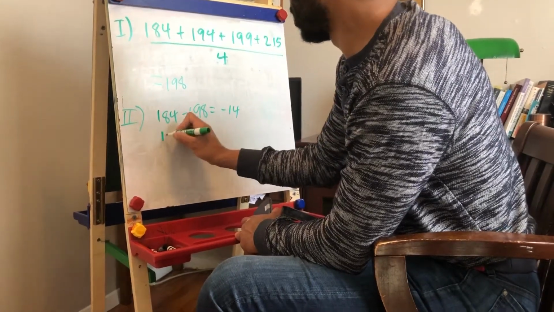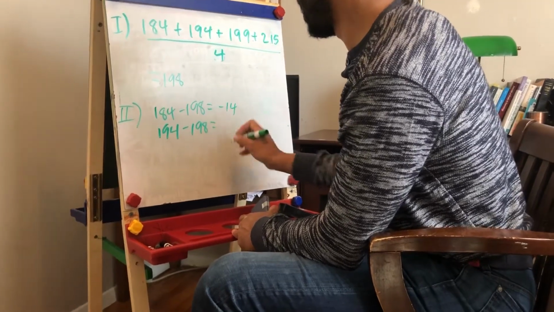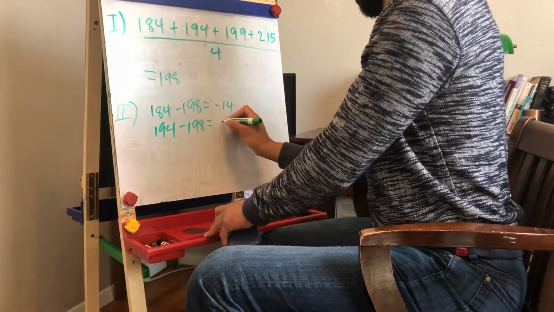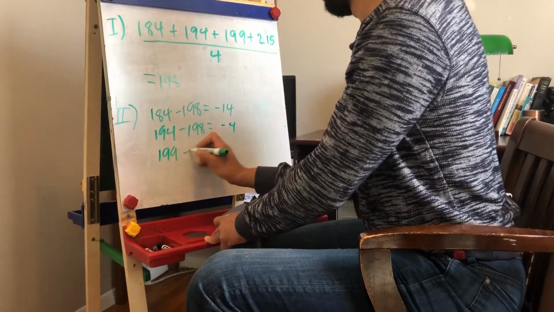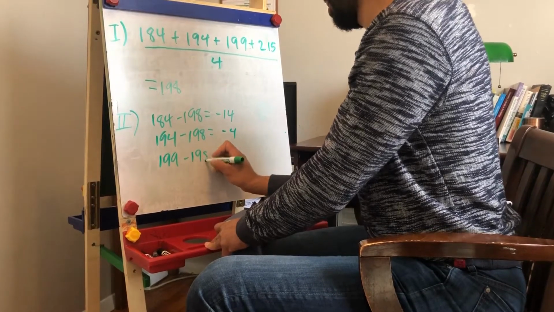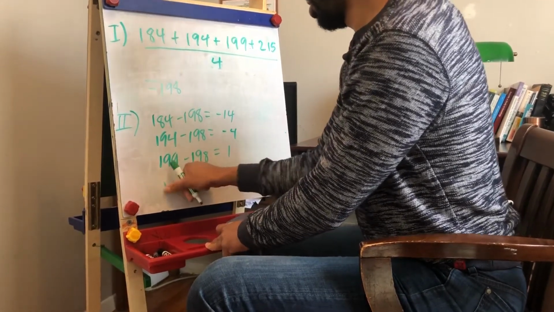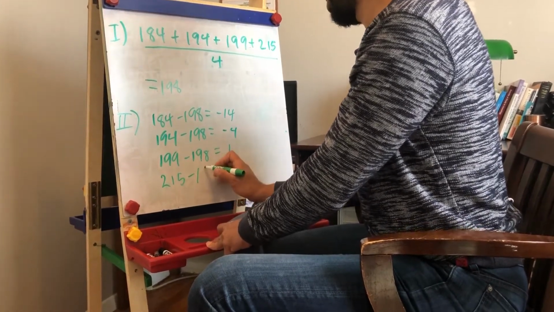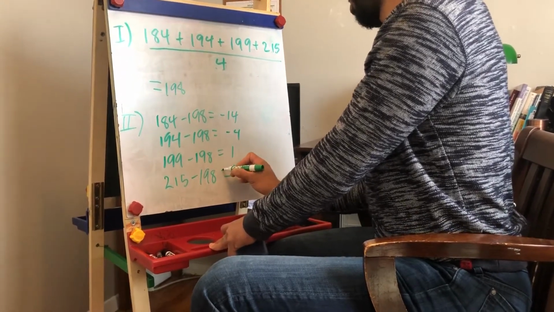The next one is 194 minus 198, which is negative 4. Then 199 minus 198, which is 1. And then 215 minus 198, which is 17, I think, right?